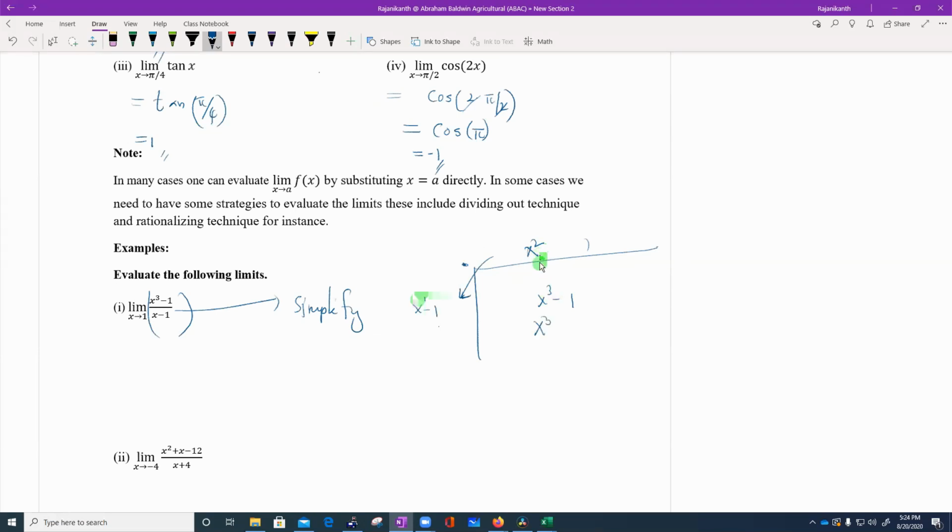Then you multiply x squared with -1 and get negative x squared. I'm simply distributing, multiplying x squared with x, then x squared with -1.